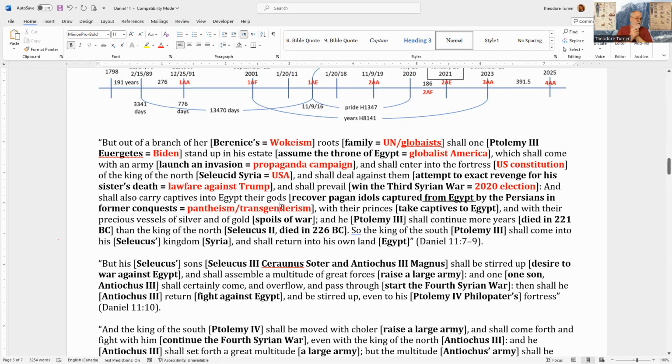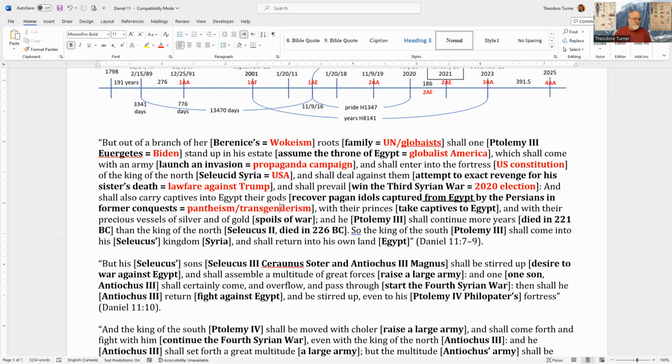And those are recovered from, they were taken by the Persians, right, in former conquest. But we're just going to say that these are now what they are capturing. They're bringing back their gods, right? Correct. Okay.